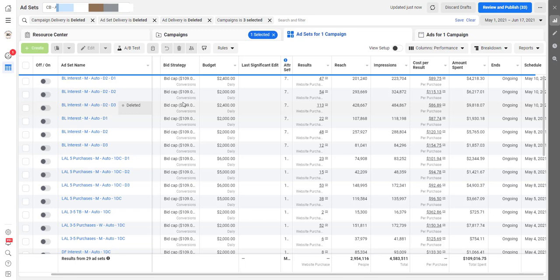So telling Facebook to spend our budget as soon as possible, as fast as they can, but because our bid cap's quite low, Facebook won't spend it all, but it will try to, right? So it's a good balance of both. We get a decent amount of volume, but at a good cost because we're getting good conversions at good cost. It's been killer for us.